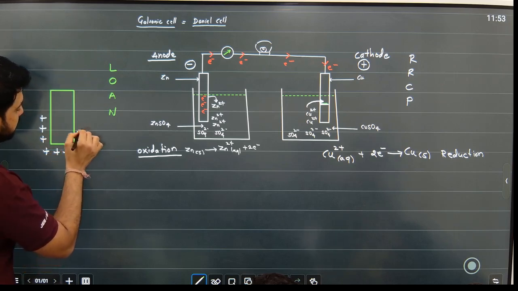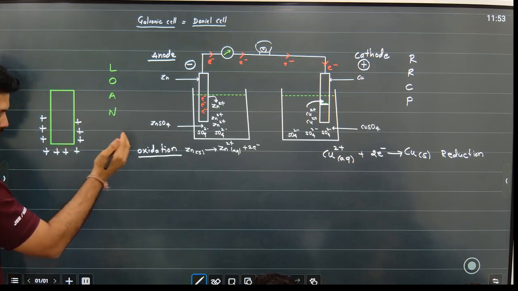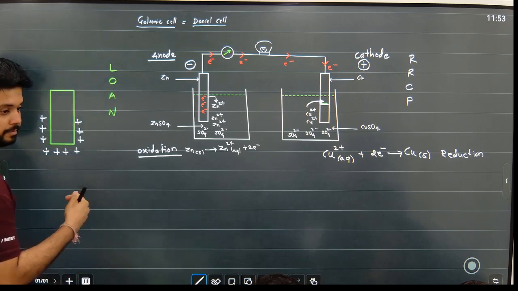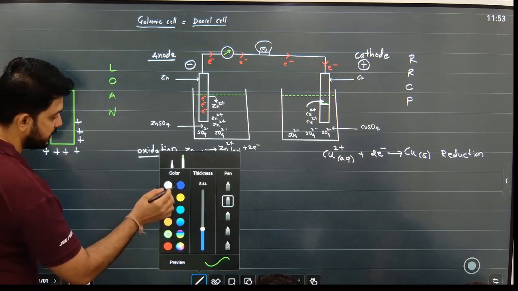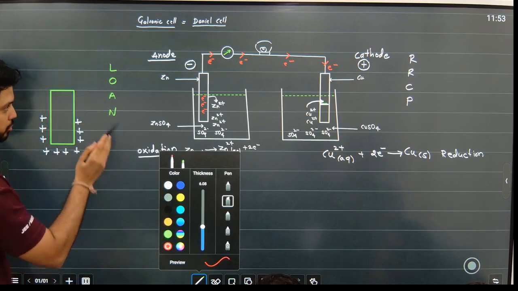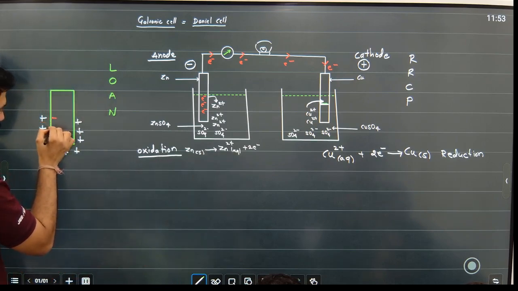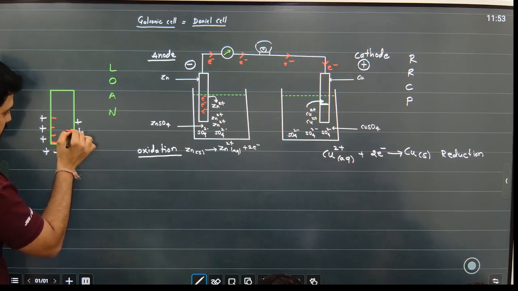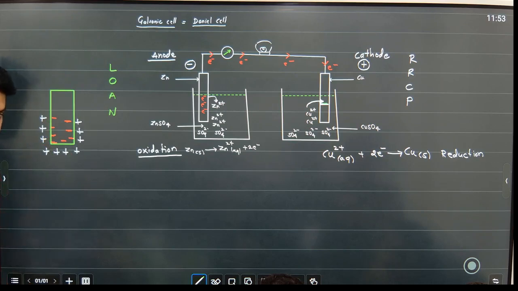There is a misbalance, because there are not sufficient SO4 2-, but there is an excess of Zn2+, as a result of which the electrons, instead of moving out through the external circuit, are attracted towards the positive charge. It has become like a capacitor.